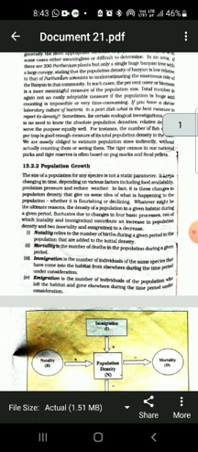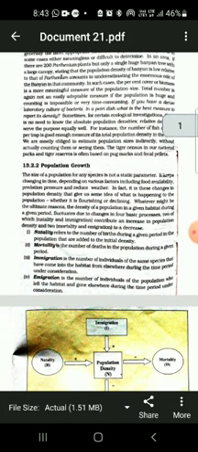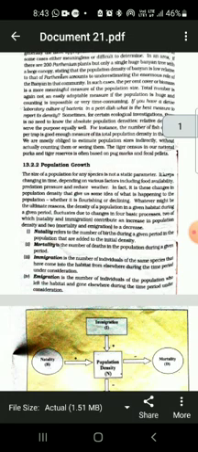Immigration is the influx of individuals from outside into the environment, and emigration is the efflux, that is the outgoing number of organisms from any population. These are the four parameters deciding the increase or decline in the population size.